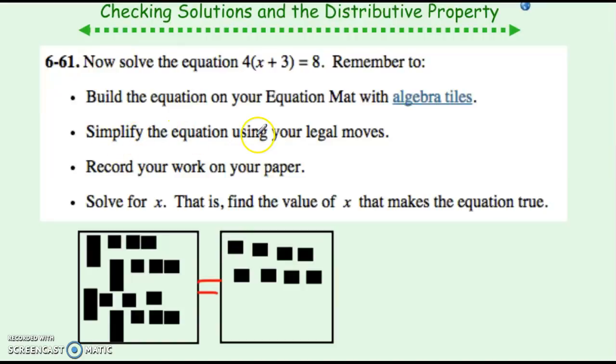So it says simplify the equations using legal moves. You'll notice that on each side I only have positives, so there's none to simplify on each side, but I can do balanced sets with one unit from one side with another unit from another. So I'm going to go back and forth as many times as I can with my unit tiles. I can cross those off because those are equal on each side, and I'm trying to find out what's different here.